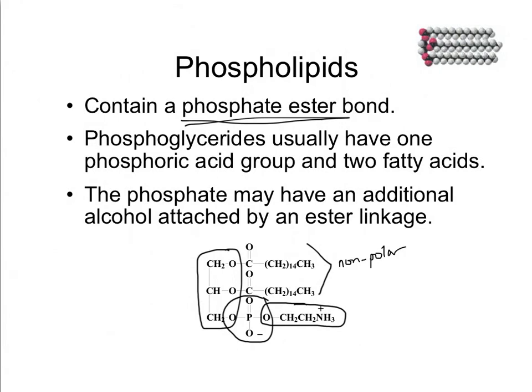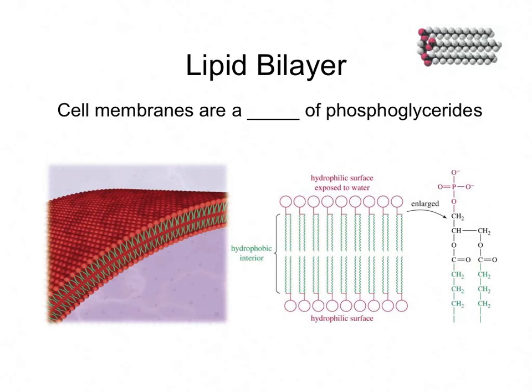And then you have a negatively charged phosphate, and here the nitrogen's positively charged. We have an extremely polar end. And as you can probably guess, that's going to affect how the groups orient themselves in water.